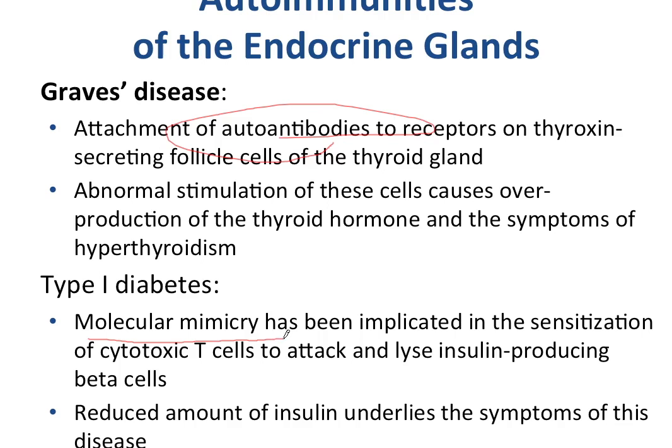The foreign antigens are similar to the beta cell antigens, and when this substance attaches to the beta cells, the cytotoxic T cells can attack the beta cells in the pancreas and kill them. Because we know the beta cells secrete insulin, the insulin level in this patient is very low.